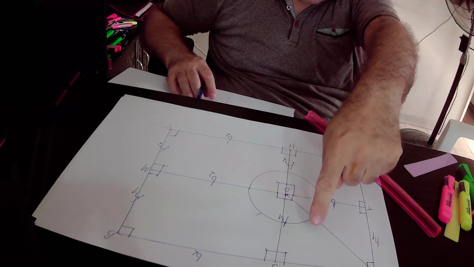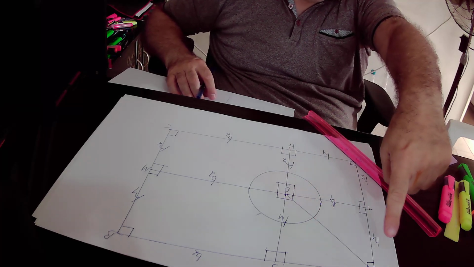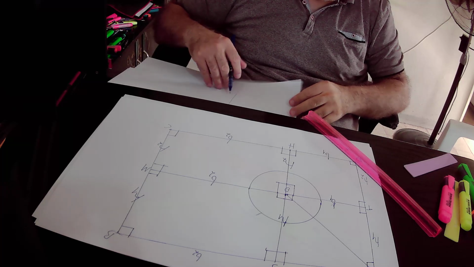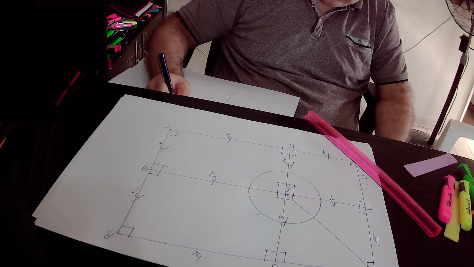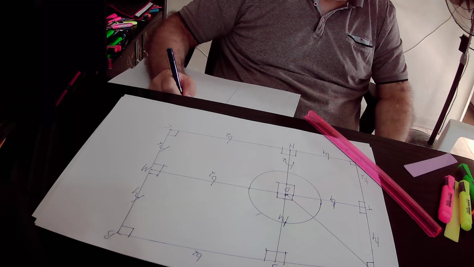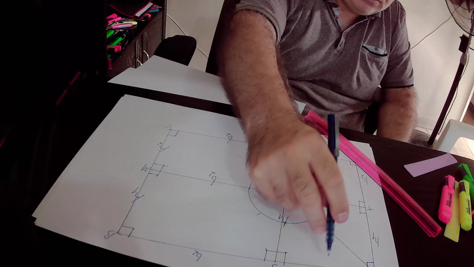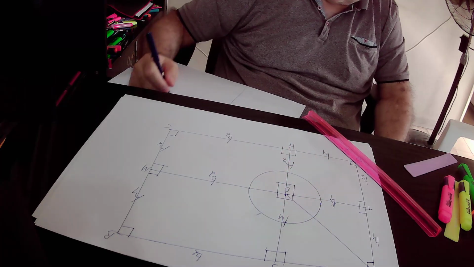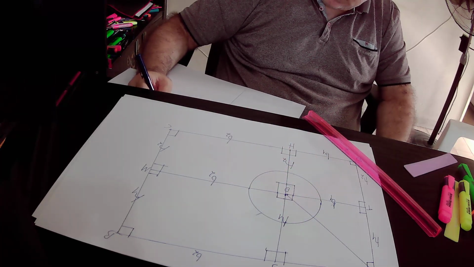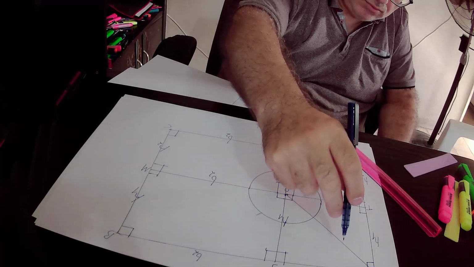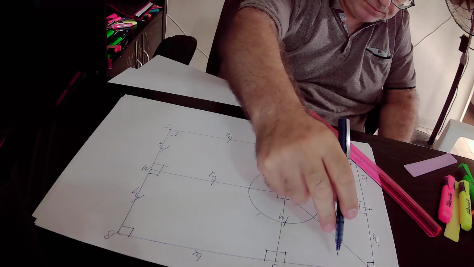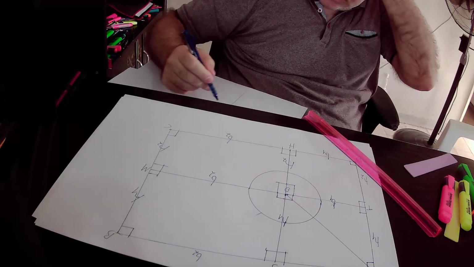In this right triangle ASO, AO square equals B1 square plus H1 square. I'll repeat again: in the right triangle ASO, AO square equals B1 square plus H1 square.